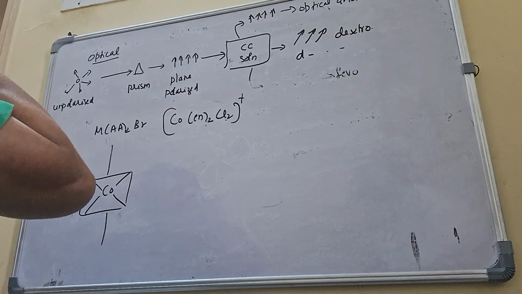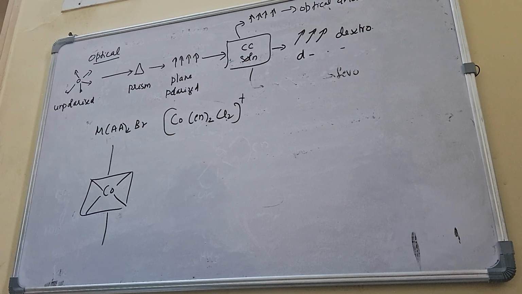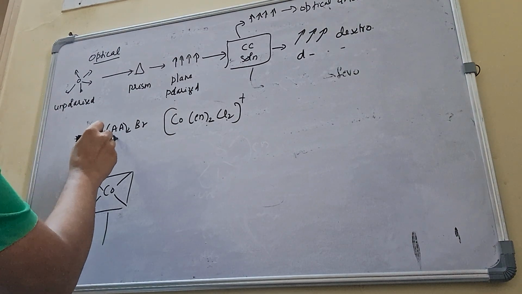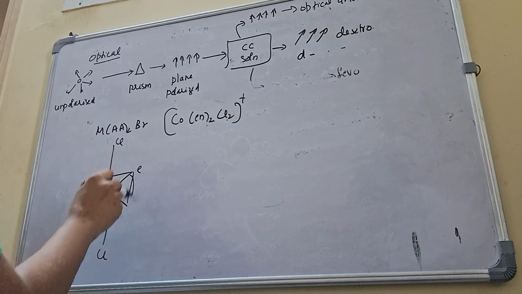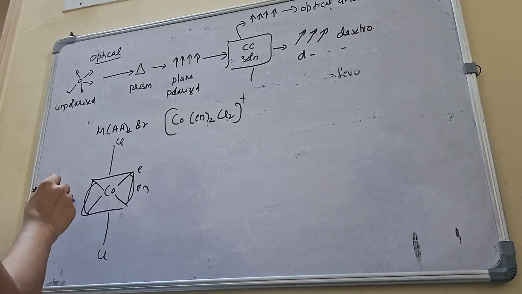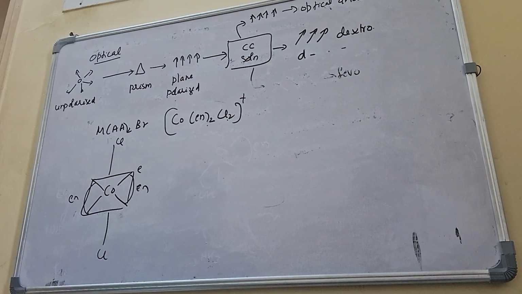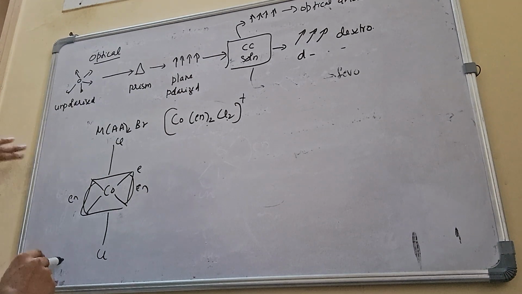One option will be the chlorine and chlorine. How many chlorines are there? There are 2 chlorines, right? So if I keep my chlorine and chlorine here, and then if I have en and en, this is my en, and this is my another en. So this is actually a trans isomer.